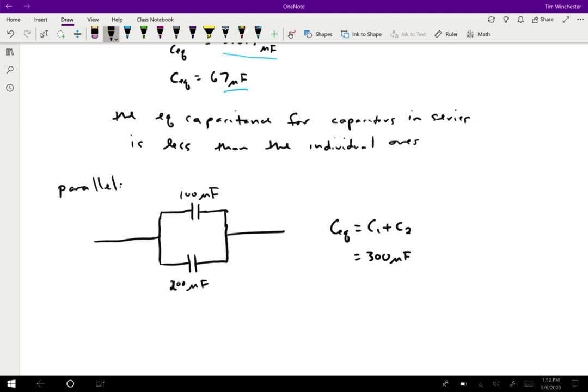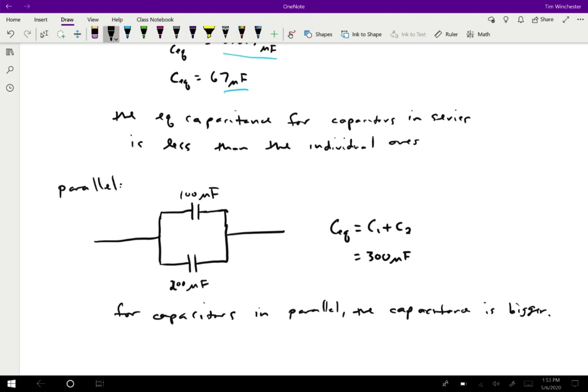Okay, so doing the calculation when they're in parallel is much easier than it is when they're in series. And here we get that the capacitances add together. So for capacitors in parallel, the capacitance is bigger.